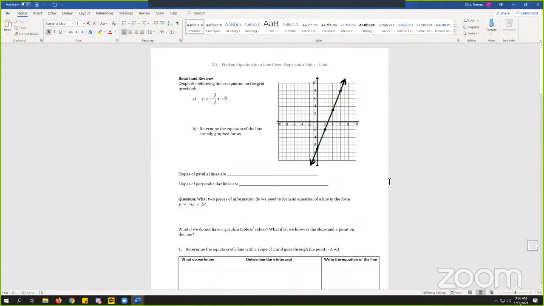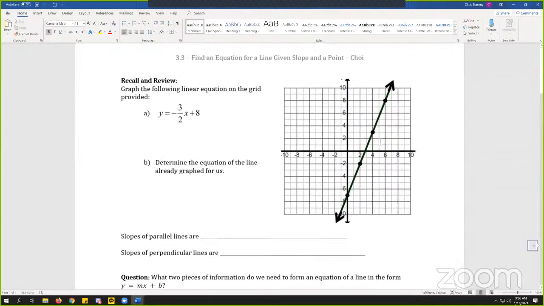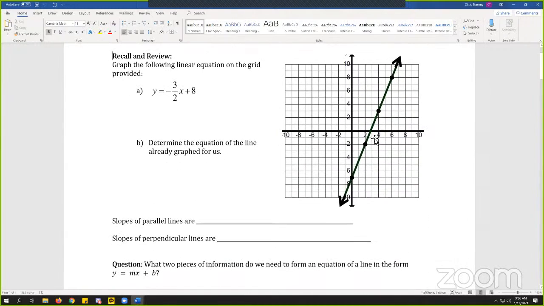And now we're going to be doing 3.3. So if you have not completed 3.3, or if you haven't printed it, sorry, please go print this out and let's take it up. Once you have it printed out, type a G in the chat and then we'll keep going.